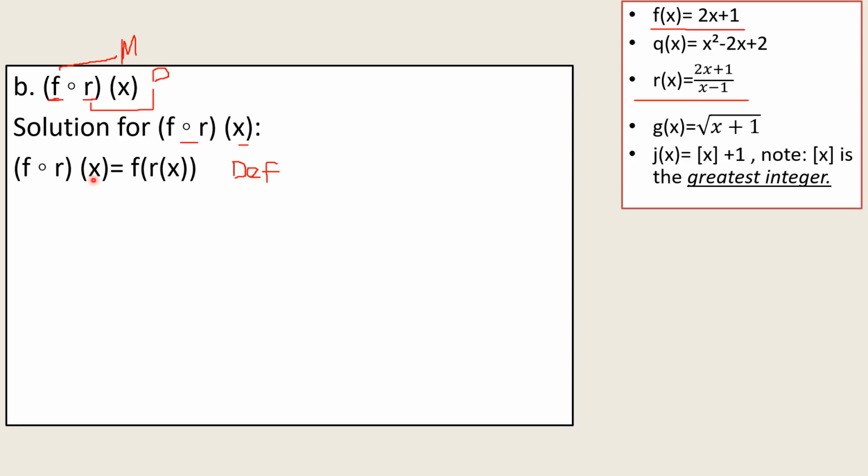I mean, of x equals the main function, tapos sa loob, kasi ito yung buong x eh. Ito yung buong x. So, yung x natin would be the second function, which is r of x. So, main function, tapos second function, r of x. Okay? Tapos, next naman, after nating masulat tong definition na to, f, tapos r of x sa loob.